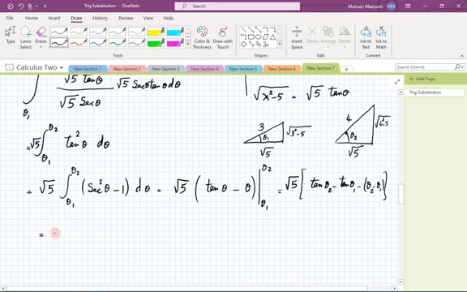Okay, we are all done. Tangent of theta 2 is the ratio of opposite to adjacent. 4 squared minus 5, let's clean this up a bit, it's radical 11. So this is radical 11 over radical 5. Tangent of theta 1: 3 squared minus 5 is radical 4, or clean it up as 2. So it's radical 4 over radical 5.